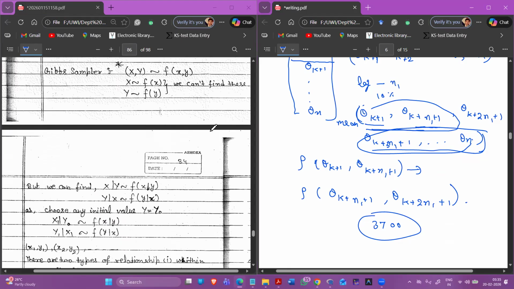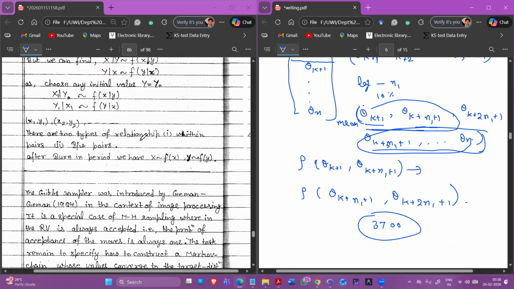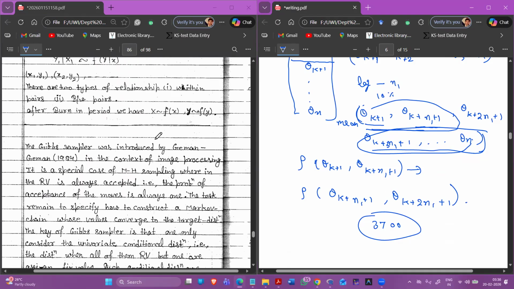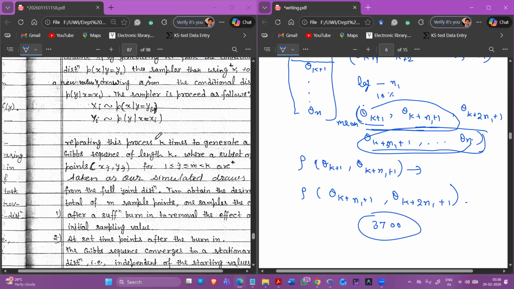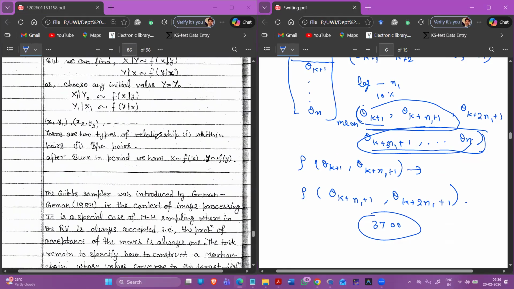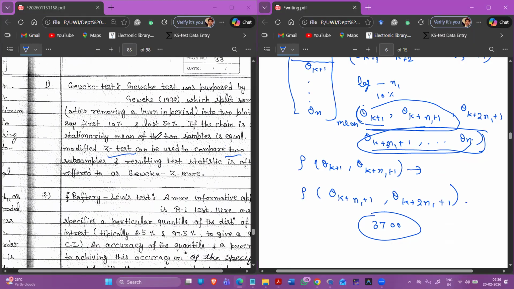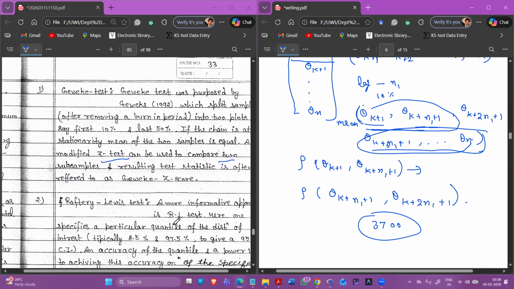All right, so what we are going to do here, this is the Gibbs sampler that we have discussed already, right? So these are the two tests, Geweke test and Raftery-Lewis test. In the Raftery-Lewis test, we use the quantile function, and in the Geweke test, we use the Z test.